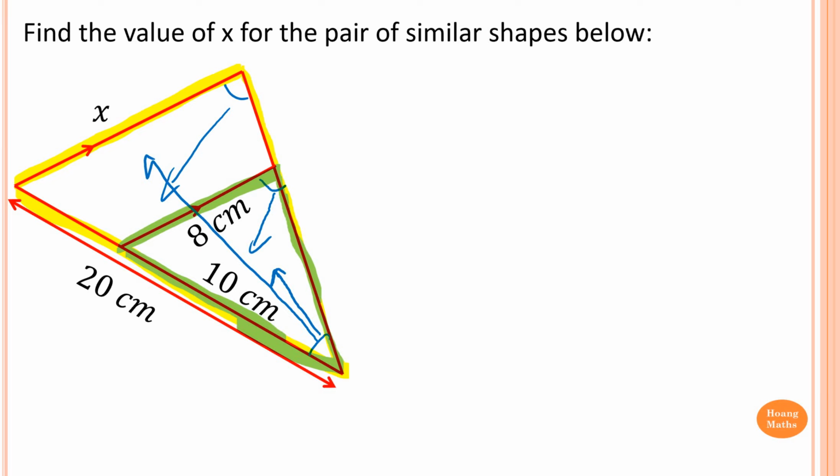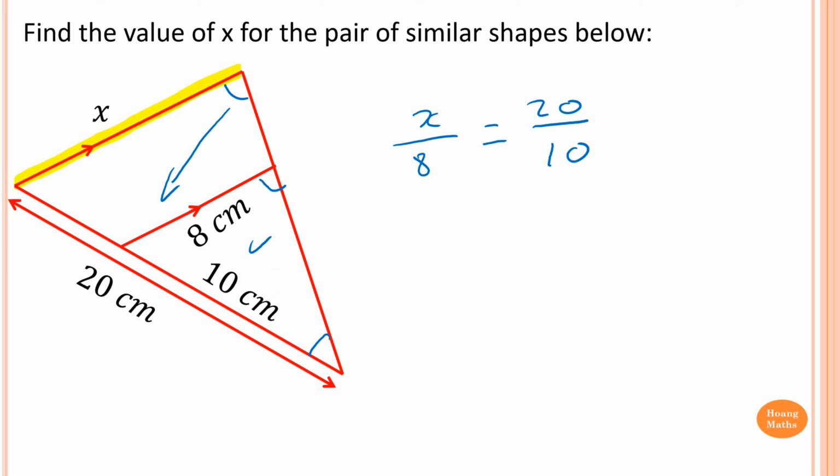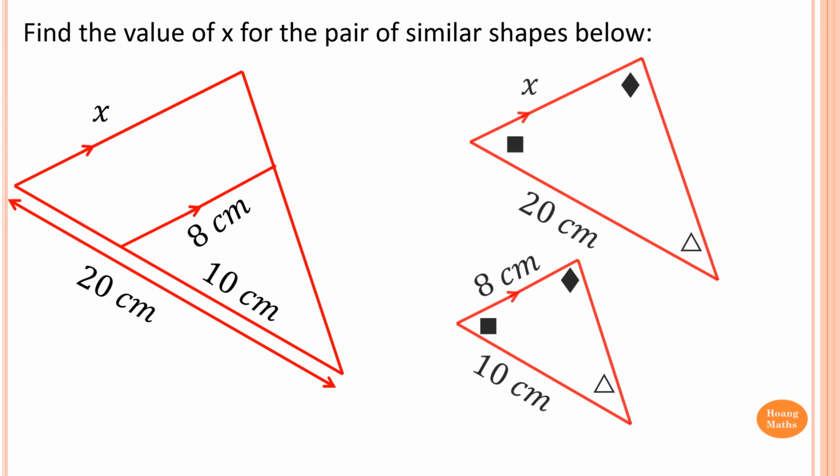So to find x, we can write x over 8 is equal to 20 over 10. Now, if you cannot see it like this, what you can do is draw the two triangles out separately.